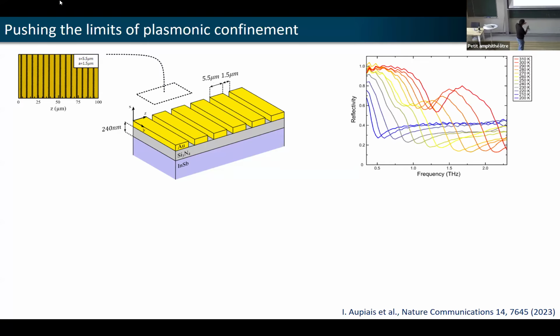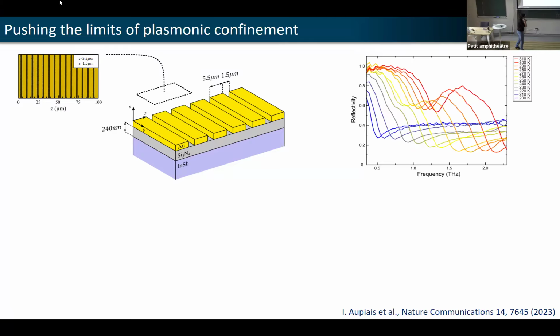So what we see here is a similar plot as before. We have the reflectivity as a function of frequency. We see the cavity resonance here. So this is the photon resonating here. Now, when we cool down, we observe basically the disappearance of this resonance as a function of temperature.